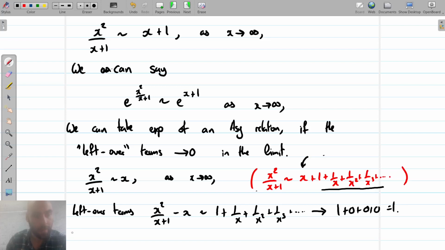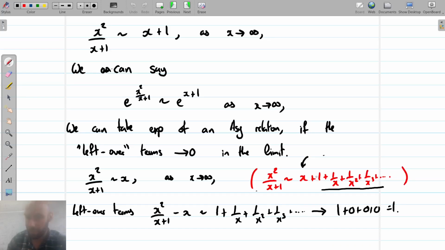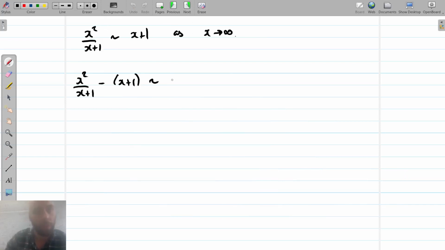Now what happens if we add on a plus 1? So x plus 1 as x tends to infinity. If that's the case, then our leftover terms, I can just subtract the first bit to see what's left over. If we've used this one and this one, our leftover terms are just 1 over x plus 1 over x squared.